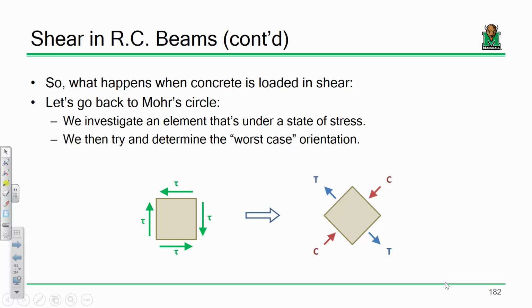That's all Mohr's circle is. The goal of a Mohr's circle analysis is to determine what are called principal stresses. So what is the worst case orientation, and what are the stresses at that orientation? That's Mohr's circle in a nutshell.